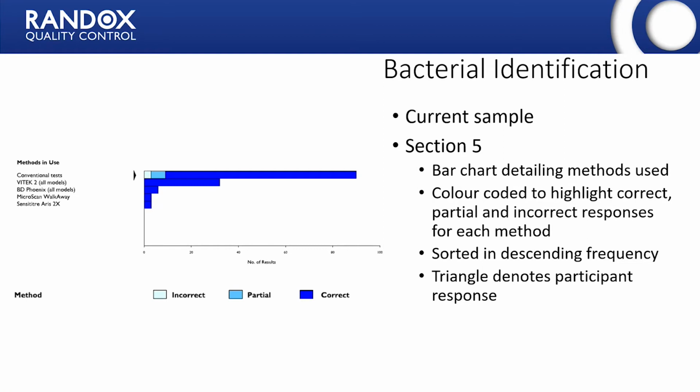As the program expands and we get more participants, we will break that down and provide further information on some of the various instrument systems. As you can see, we don't have any of the molecular methods, but that is because we didn't have any for the pilot study, but that's certainly something that we can add on.